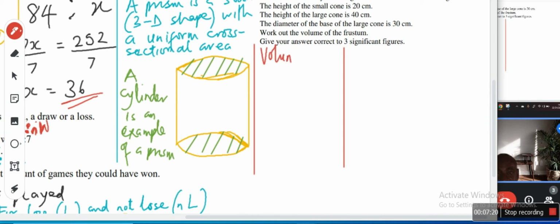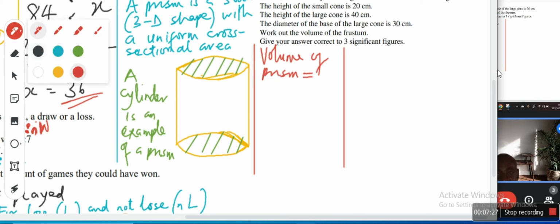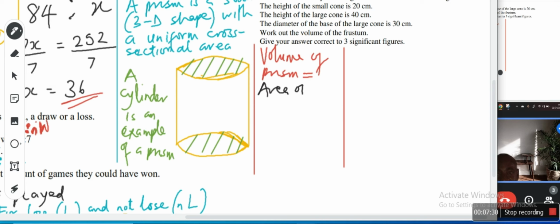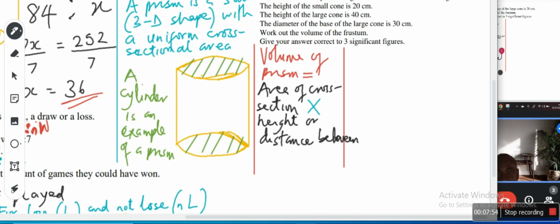So the volume of every prism is equal to cross-sectional area, or area of cross-section, times height or distance between cross sections, because it may not be a vertical height, it might just be a horizontal height or distance between opposite ends, opposite cross sections.